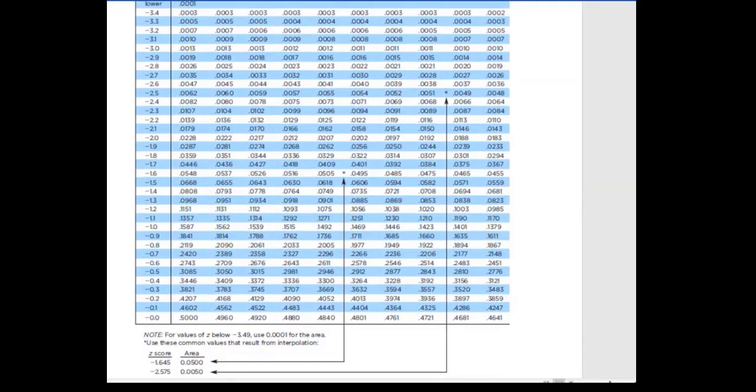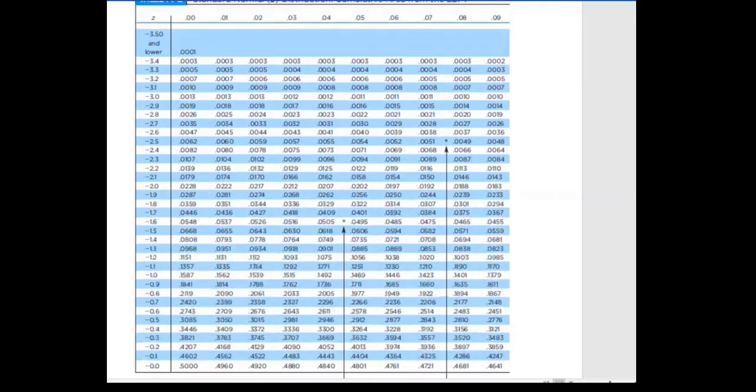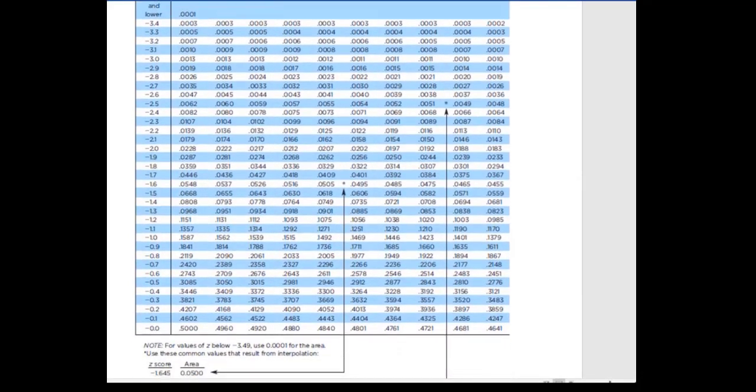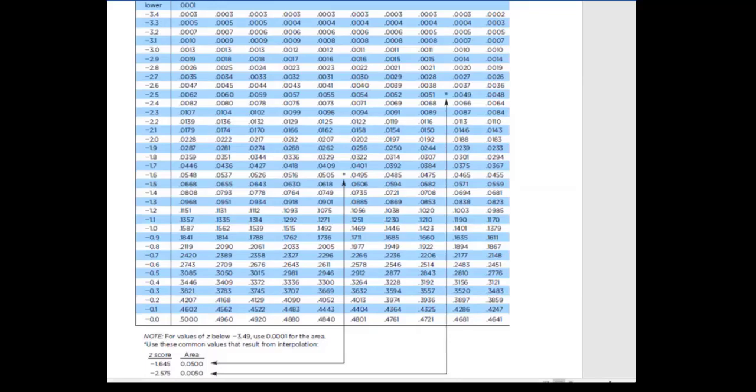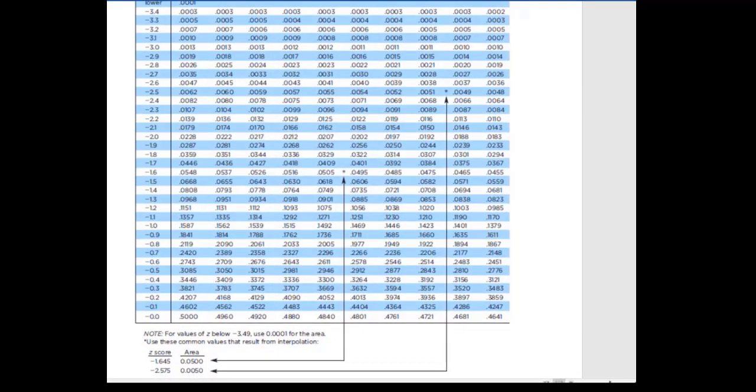If you look at the first one, it reads negative 1.645. Take a look at the very first asterisk here. And if you go at the top, you see 0.04 and 0.05. So it's between the two. That's why negative 1.645 gives you the area to the left as 0.0500.